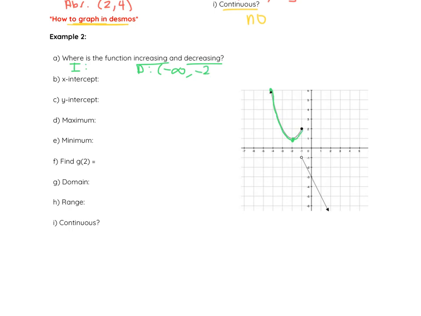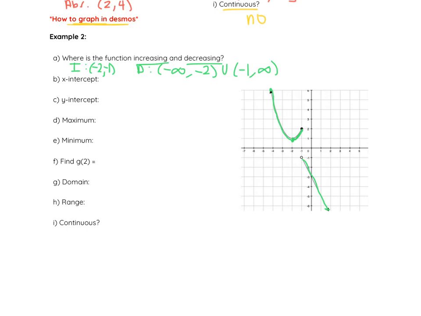Now, from here to here, it's increasing. So from negative 2 to negative 1, remember we're looking at our x-axis, we are increasing. And then from negative 1 to the rest of the function, which goes on forever because of that arrow, it is decreasing again. So I would say negative 1 to infinity, it is decreasing.